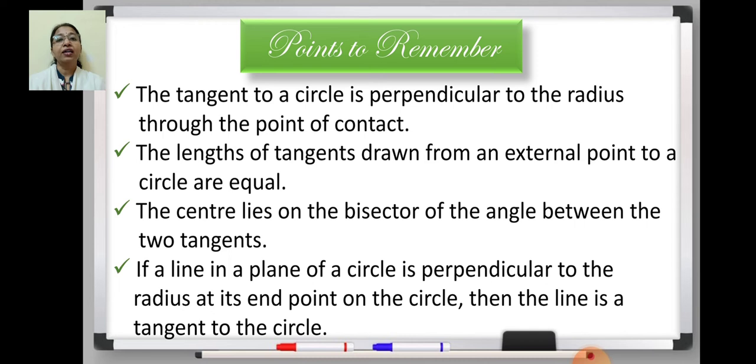If a line in a plane of a circle is perpendicular to the radius at its outer end, or at its end point on the circle, then that line is a tangent to the circle. For all these points, you can refer to previous videos. We have proved some in the form of theorems, some in the form of examples, but you will get all these results there.